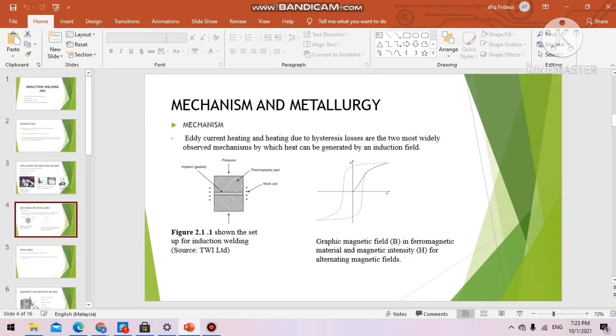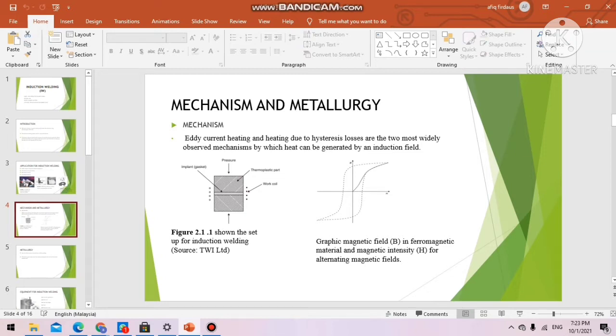A copper induction coil, which is attached to a high-frequency power supply, is positioned in close proximity to the joint in the eddy current heating phase.